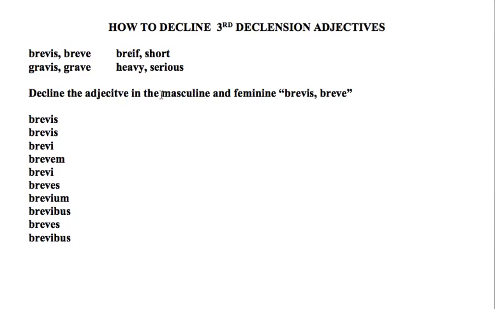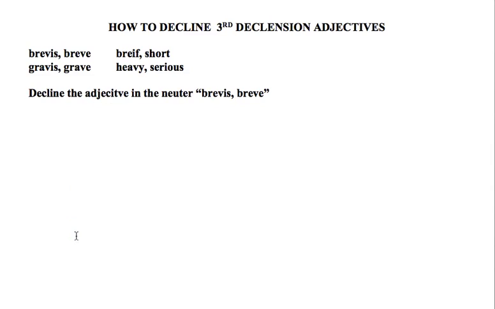Let's try the same adjective, but this time we're going to show you how to do it in the neuter gender. So this is going to be different because now we have to start with the neuter nominative form, which is breve. I'm still going to use the same base. I'm going to add is, which is the genitive singular for third declension.